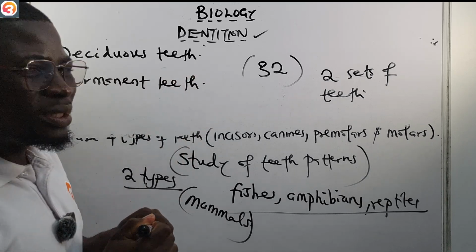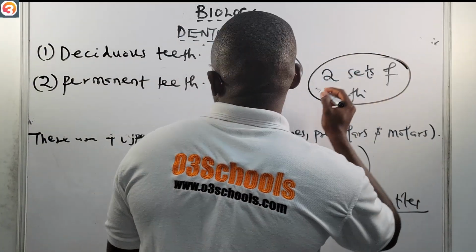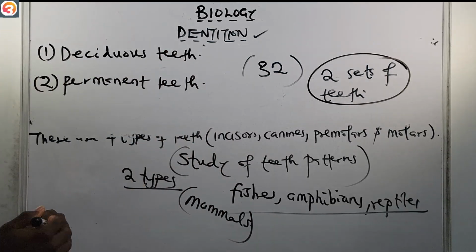So humans have two sets of teeth, which are the deciduous teeth and the permanent teeth.